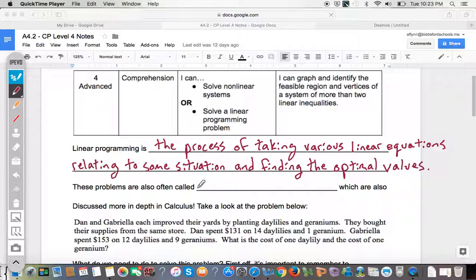Okay, so these problems are often called optimization problems, which are discussed more in depth in calculus.